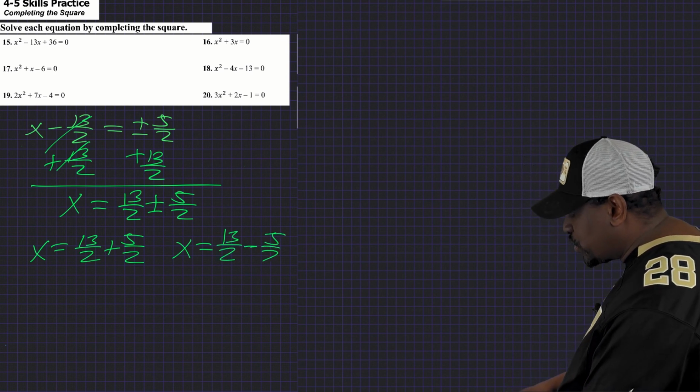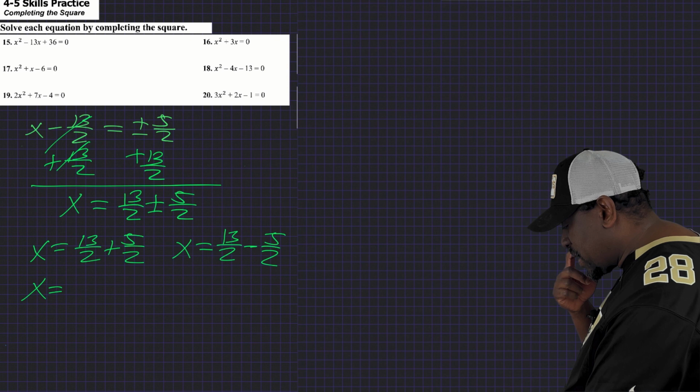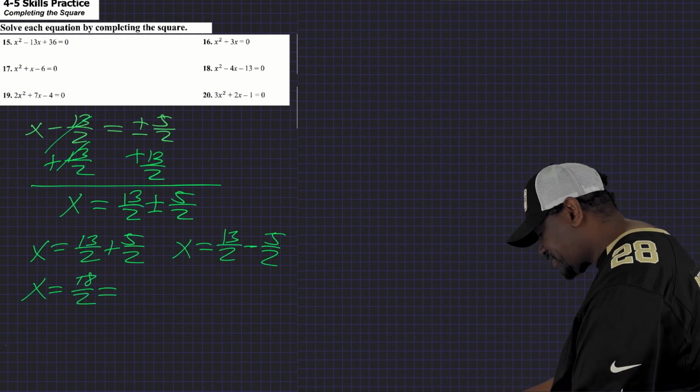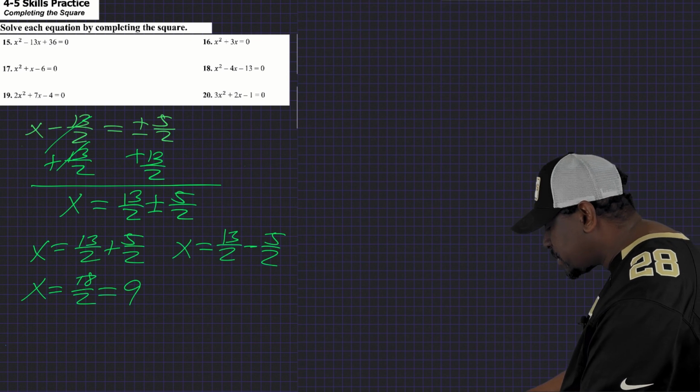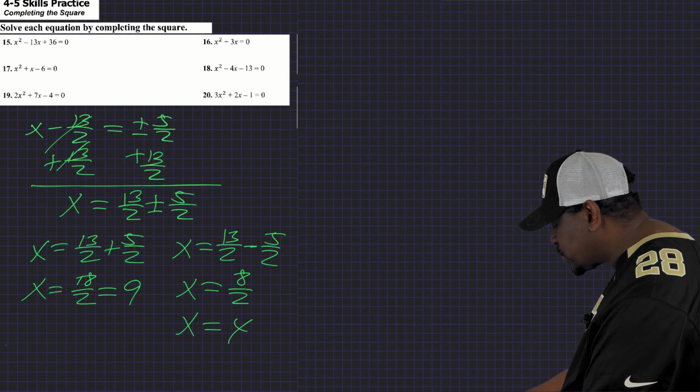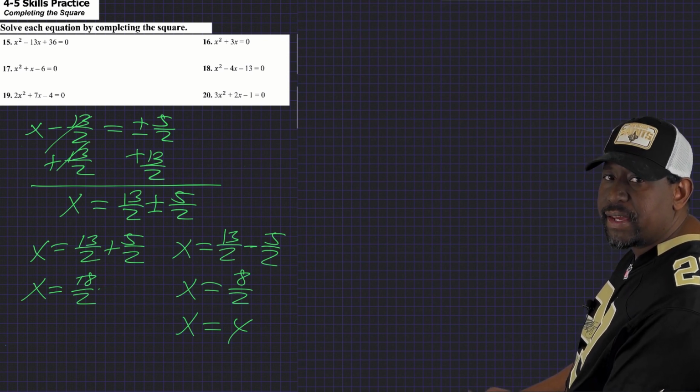Our first value will be 13 over 2 plus 5 halves, which is 18 over 2, which will equal 9. And the next value, 13 minus 5 is 8 over 2, and 8 over 2 simplifies to 4. And so our two answers will be x equals 9 and x equals 4.